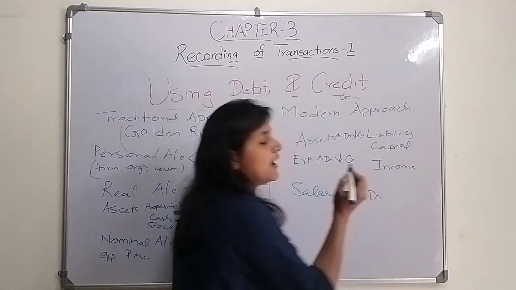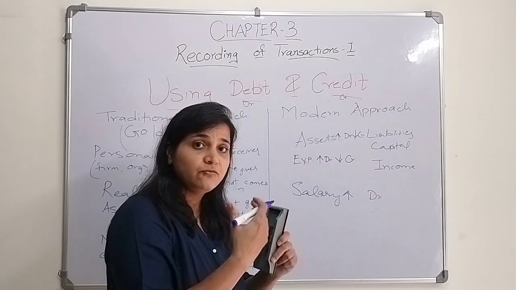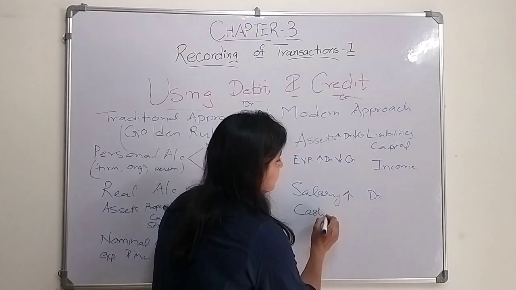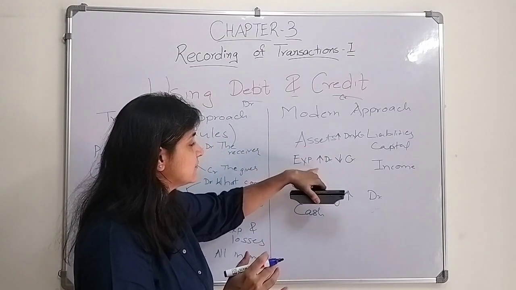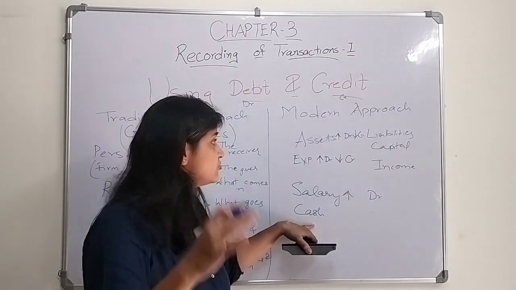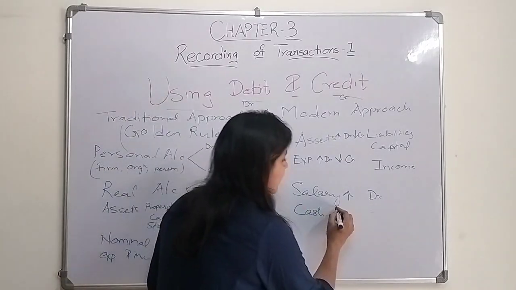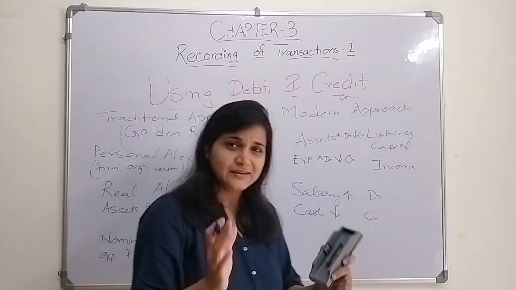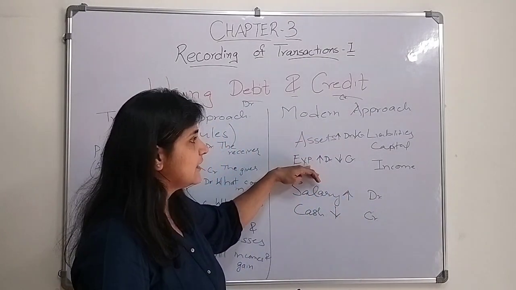What will I do? I will debit it. And I gave cash to that person. Here my expense increased, I debit it. Here I am giving cash. My cash is an asset. What happens? It decreases and I credit. Okay, easy. This was for asset and expense.